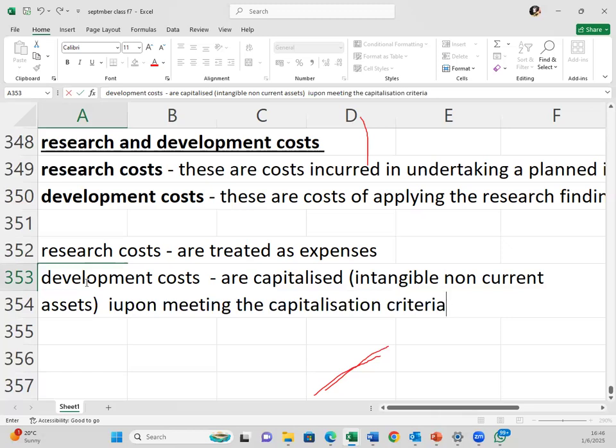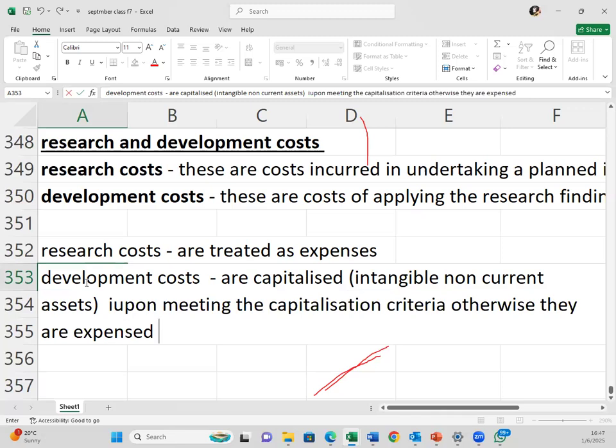What if they don't? Otherwise, they are expensed. If they fail to meet the capitalization criteria, let's expense them.